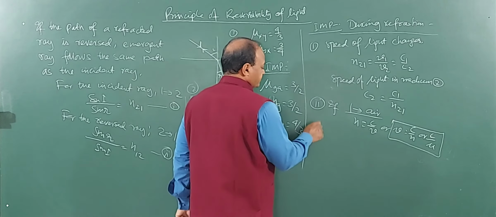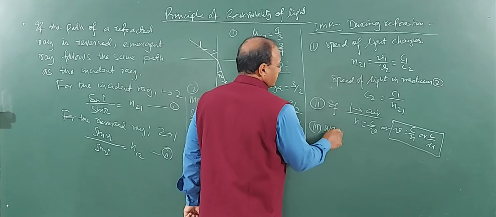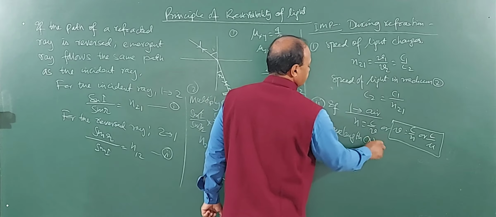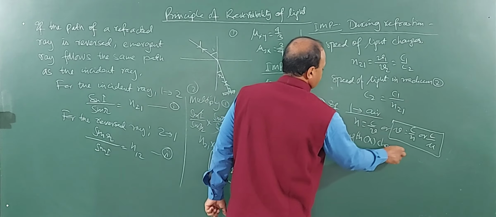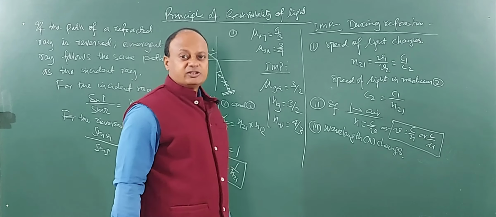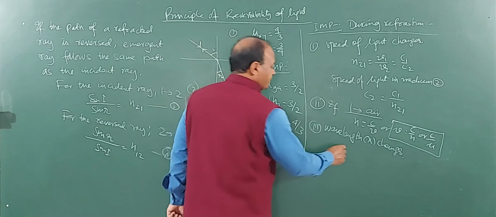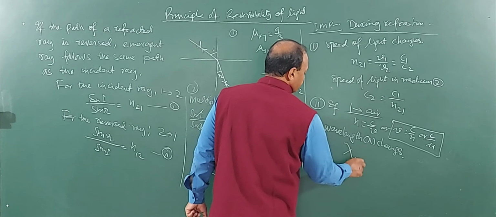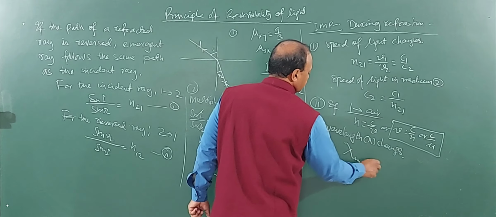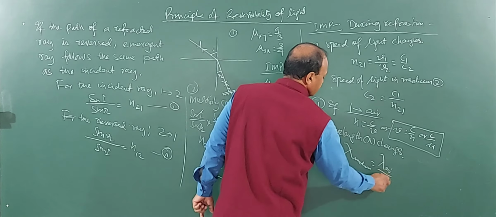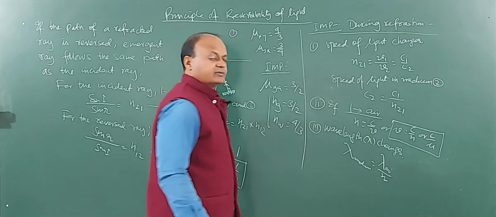Number 3, wavelength will change. Wavelength lambda changes. During refraction, wavelength changes. And wavelength in a medium will be wavelength in air divided by refractive index n.